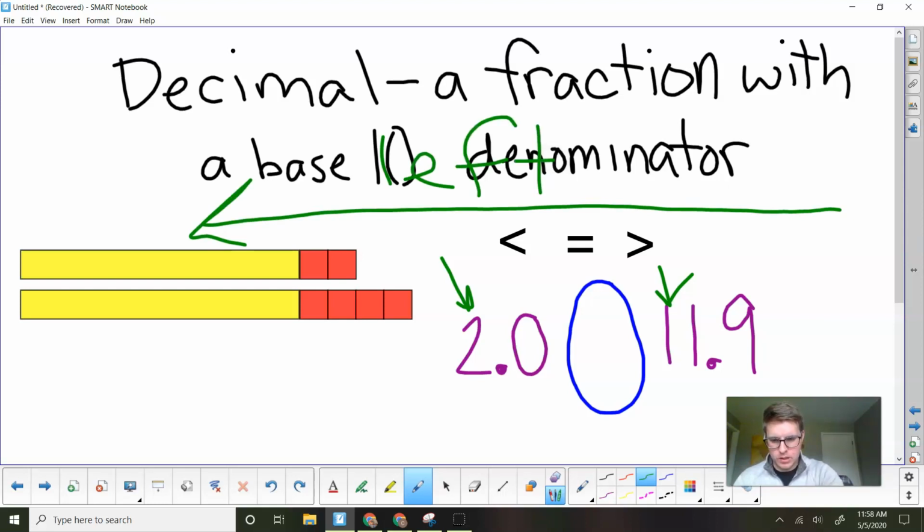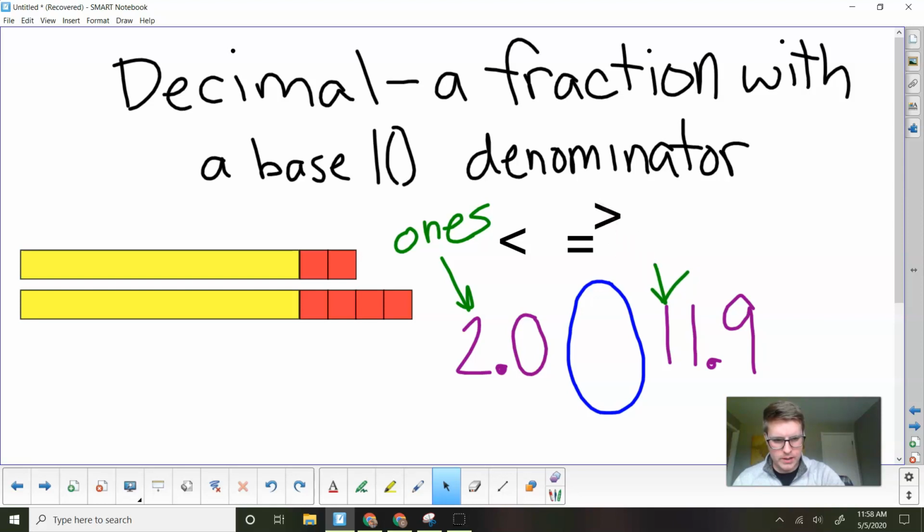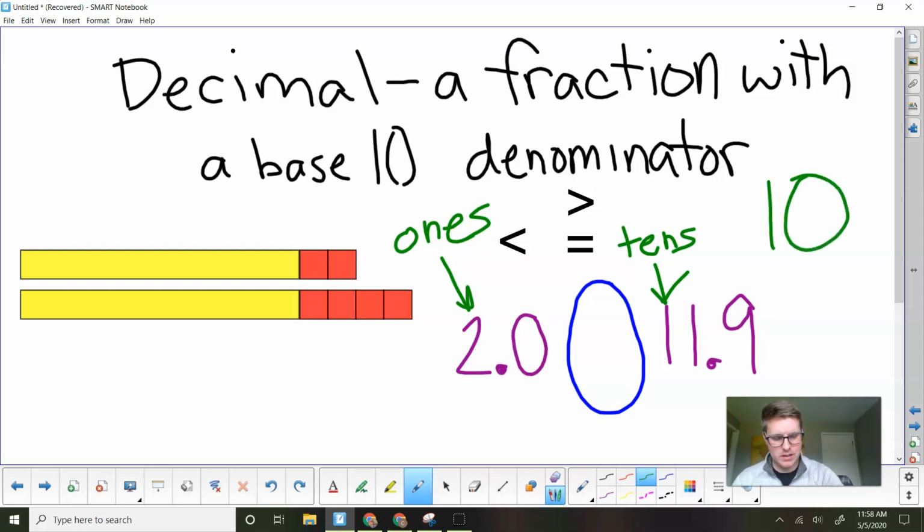Look, Bart, 2 is worth 2 in the ones. Check out this greatest place value. That 1 is in what place? That 1 is in the tens. So what is 1 in the tens worth? It's worth 10.